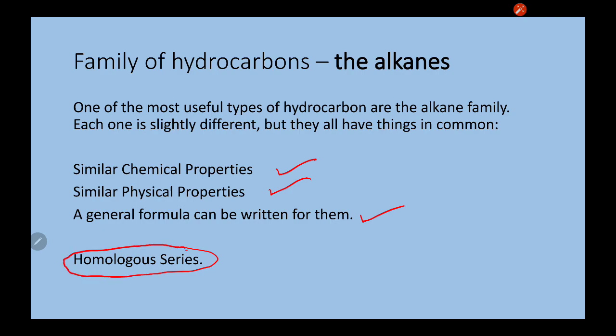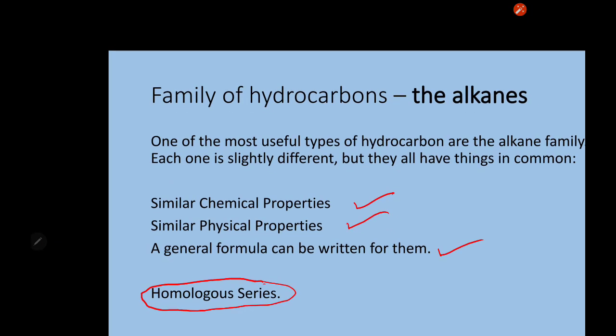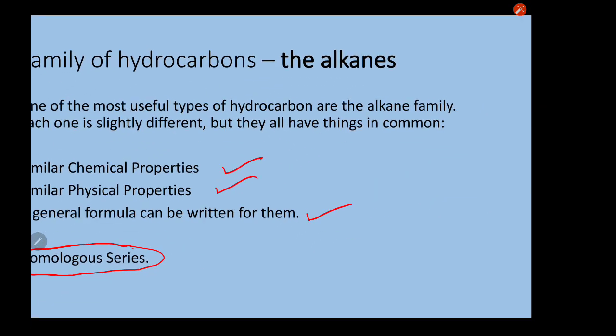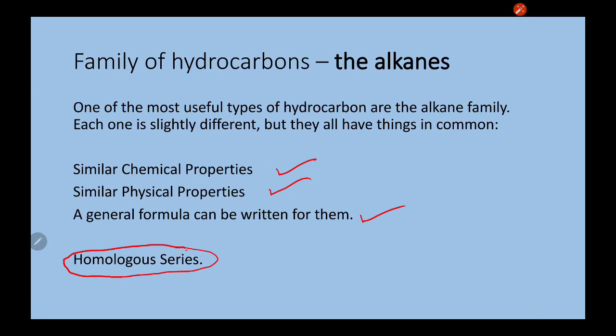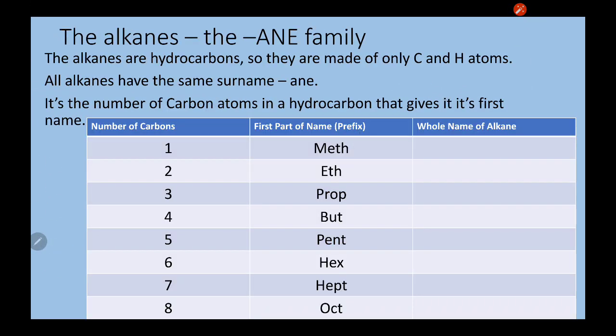So we're going to talk about the homologous series called the alkanes. So we're leaving the idea of a family behind, and we're saying, right, it's a homologous series. We're chemists now. Homologous series. So let's have a look at them in more detail, if I can get the slide to move forward. Having some difficulty. There we go.